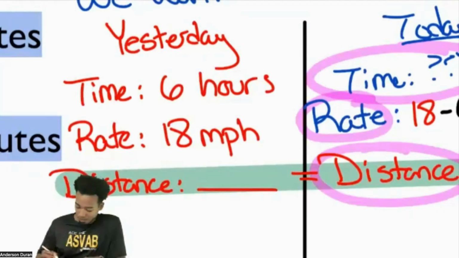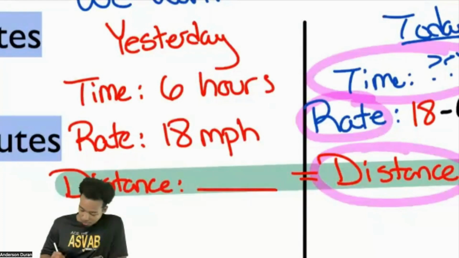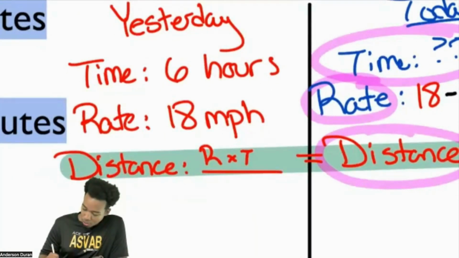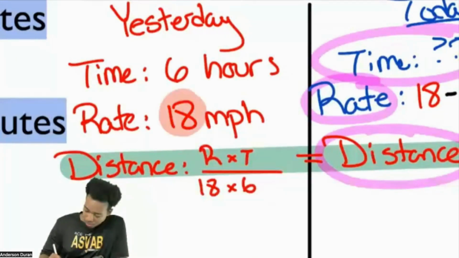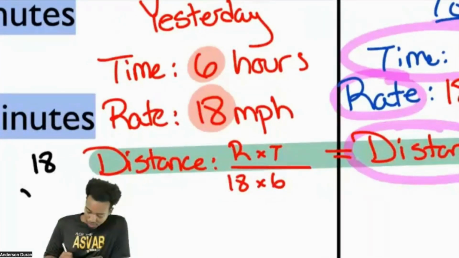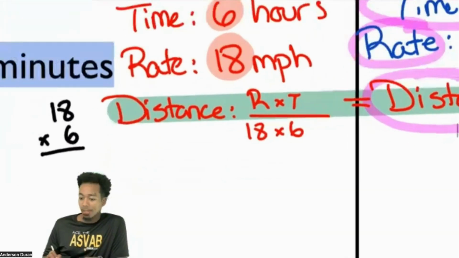So here we go. To find today's distance, remember that it's going to be the rate times the time, which is going to be the rate being 18, the time being 6, these right here. And so 18 times 6. Let's find out what that is. Everybody, what's 18 times 6? 108.